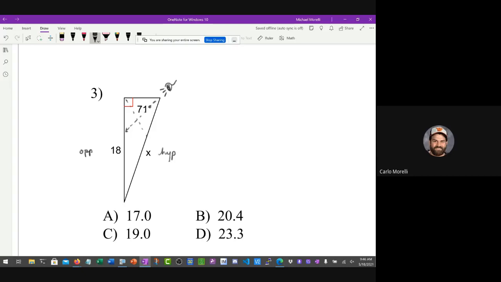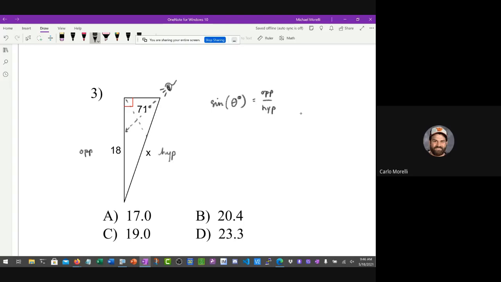So back to my trig functions. The cosine is equal to adjacent over hypotenuse. The tangent is opposite over adjacent, but the sine of some angle is equal to the opposite over the hypotenuse. So we're going to use sine here.